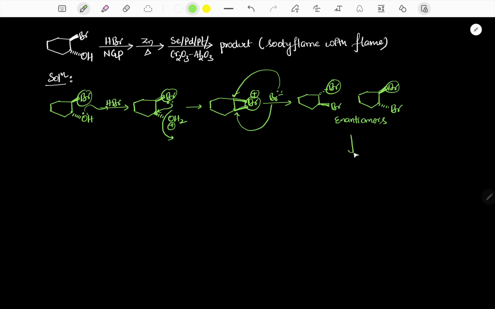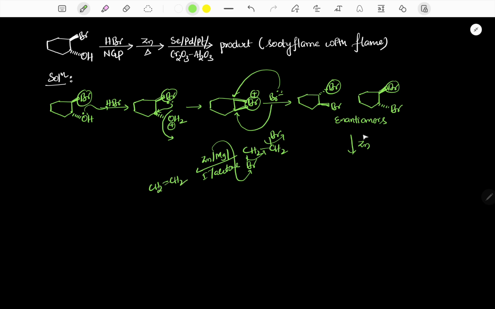Now the product is treated with zinc. We know the basic reaction: when a dibromo compound is heated with zinc, magnesium, or I minus in acetone, zinc removes the bromines, anti-elimination, and forms the corresponding alkene.